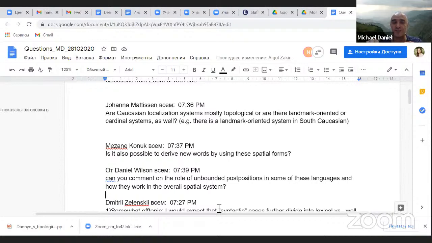So this is one of the cases where a language employs a postposition in the fragments of the system where it does not have a morphological element to cover this gap, let's say.